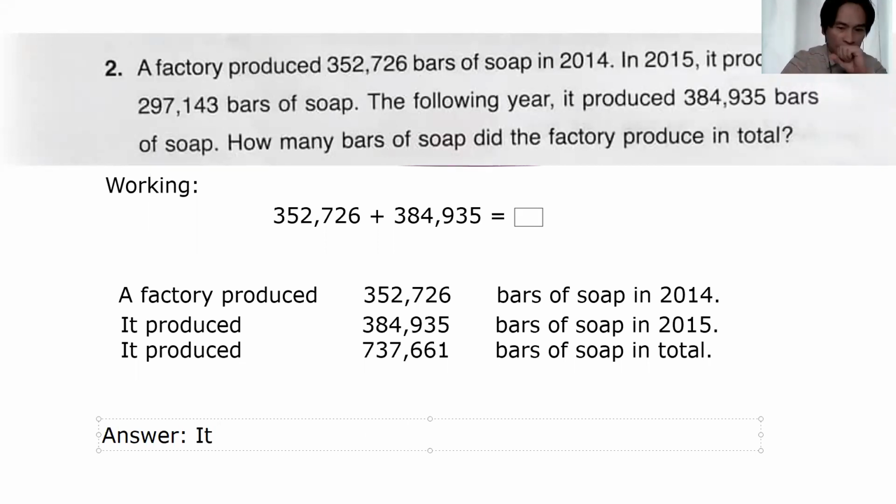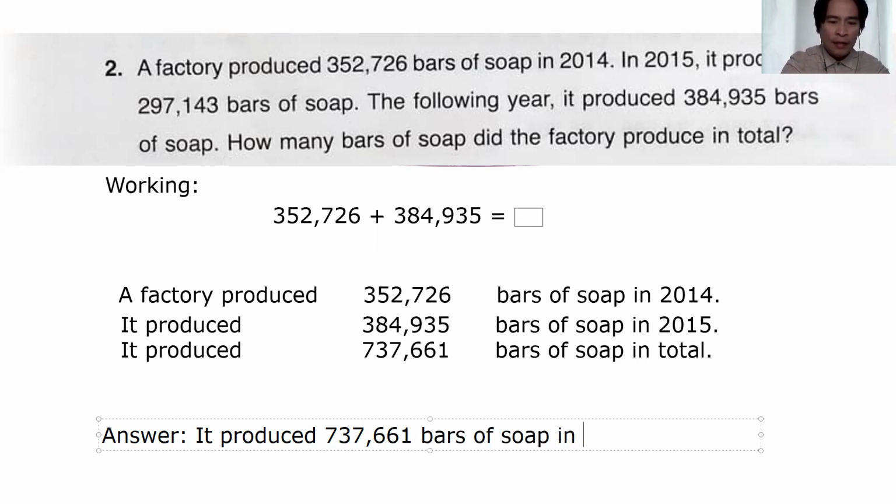But this time there's no space. It produced 737,661 bars of soap in 2 years, or just say total. Okay, the shorter your sentence, the better. Okay, are you done? And of course, don't forget to underline your final answer.